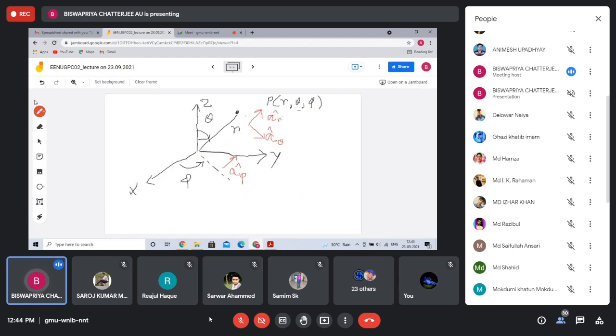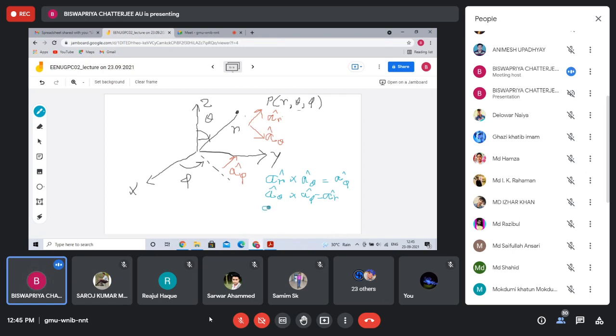And in case of spherical system, it is AR cross Aθ, that will be equal to Aφ. Next, Aθ cross Aφ will be equal to AR.